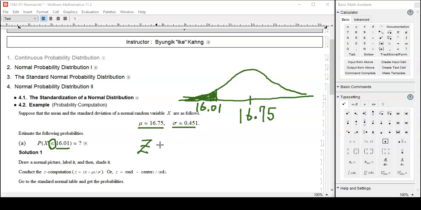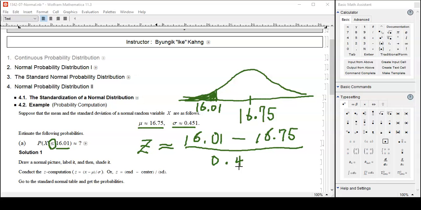So the Z computation is end, 16.01, minus center, 16.75. This looks almost like 10, that too. Divided by 0.451. And if you do this computation, you're going to get negative 1.64, approximately speaking.